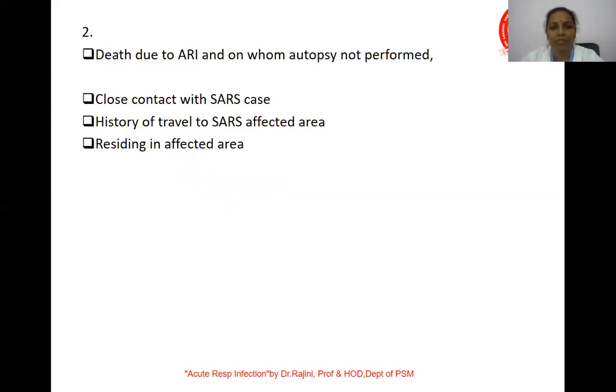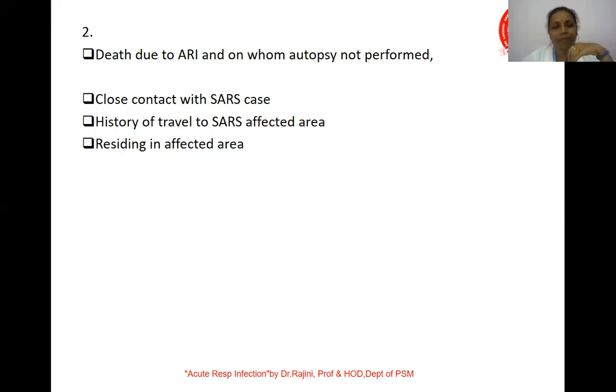Next, deaths due to acute respiratory infection will be informed to the health authority when there is close contact with a SARS case, history of travel to a SARS affected area, or residing in an affected area. So with this we can find out whether the patient has SARS or any other respiratory illness.